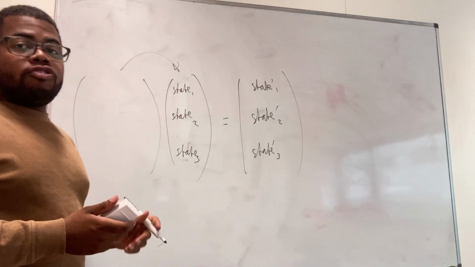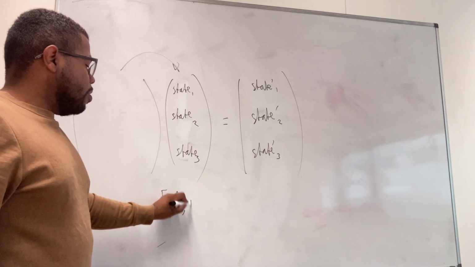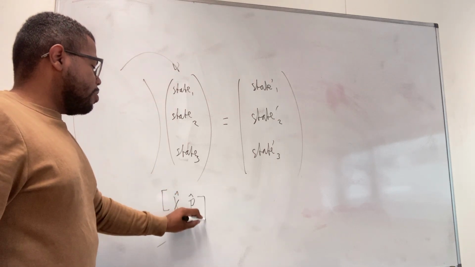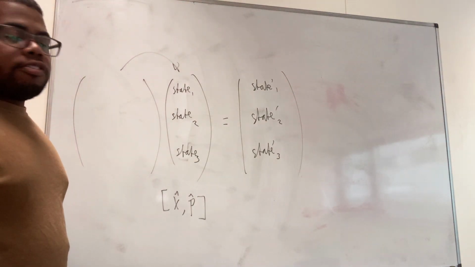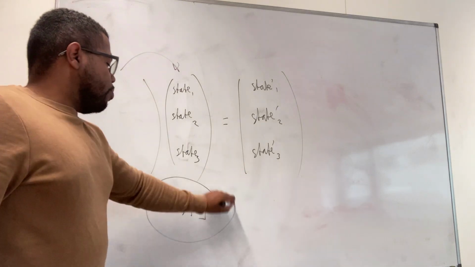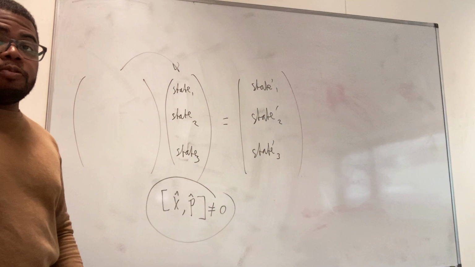And that eventually leads to something called the commutation relationship of the operators, which you don't have to exactly know what it is, but just in general that in quantum mechanics this does not equal zero.